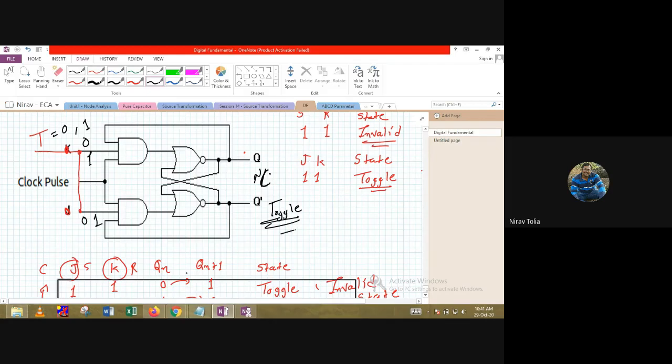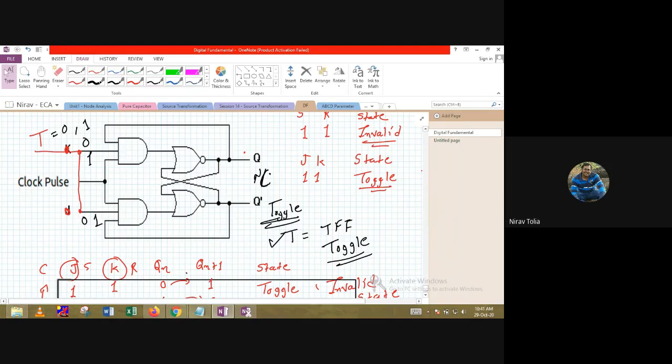And what is the meaning of T in the T flip flop? The meaning of T is toggle. So when we require the output to toggle, then we use the T flip flop.